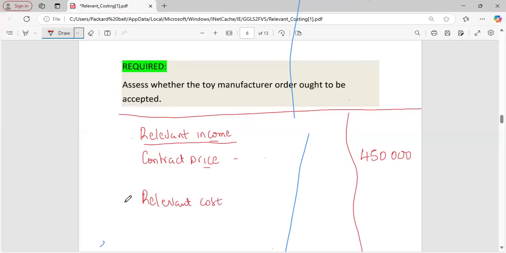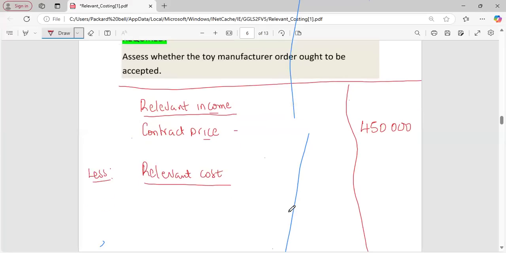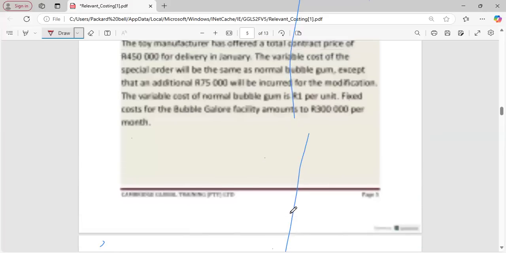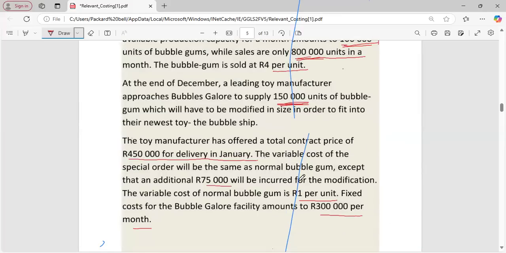cost. So here we can less the relevant cost. Who are the relevant costs here? We took our relevant income here. They say the variable cost of the special order will be the same as a normal bubble gum, except that an additional 75,000 will be charged for modification. So modification is going to be an incremental cost or a relevant cost.